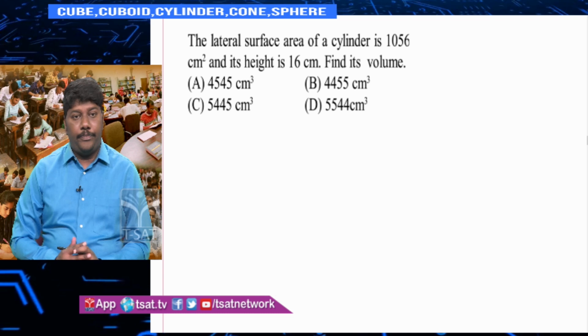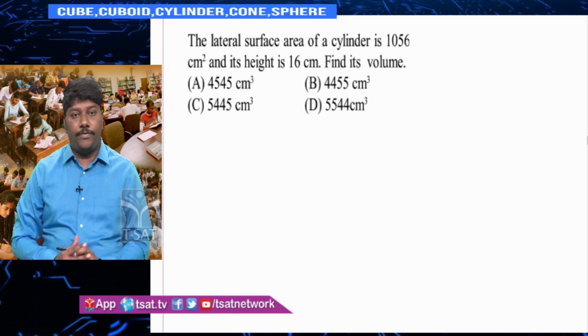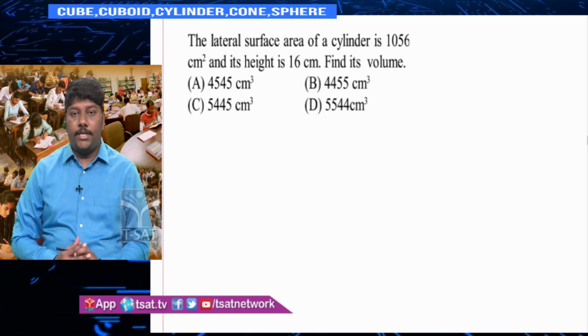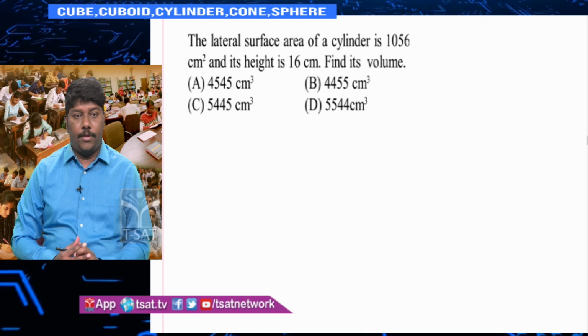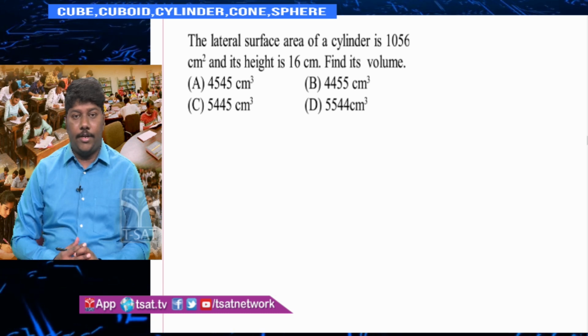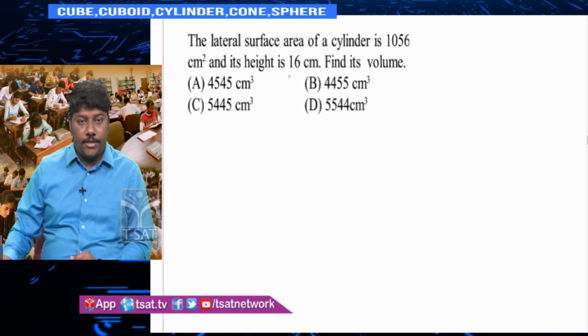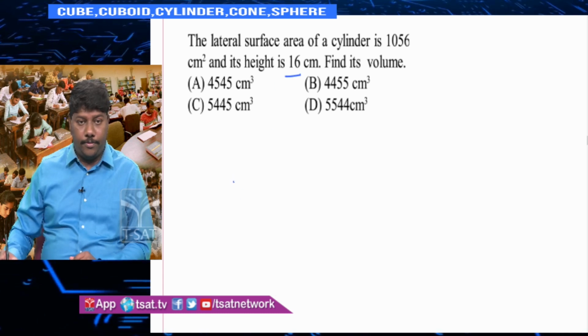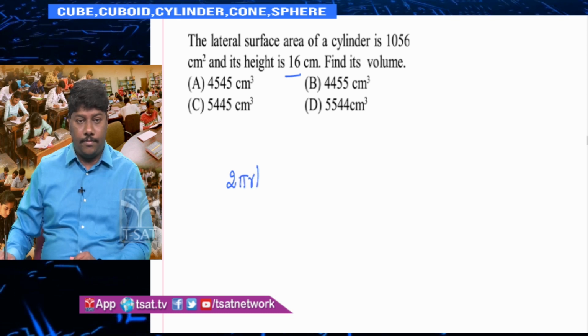Look at the next one. The lateral surface area of the cylinder is 1056 centimeter square and its height is 16 centimeter. Find its volume. The lateral surface area of a cylinder is given as 1056, height is 16. You have to find out its volume. Lateral surface area is 2 pi r h.